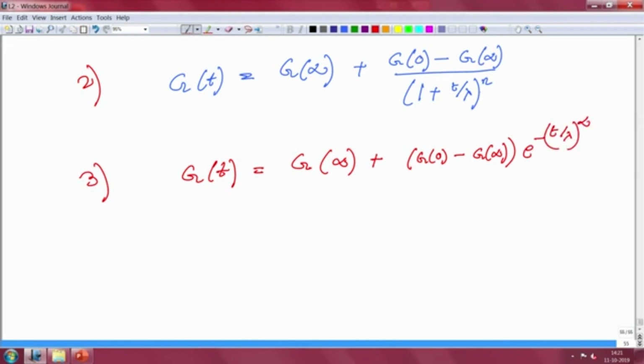This extra bracket is not required. I think this alpha looks almost like an infinity, so I will just quickly replace this with another constant beta. These are all different fitting constants that you have to evaluate from the data, and that will give you an idea of what GT is. These are not the only ones, these are some of the commonly used ones.